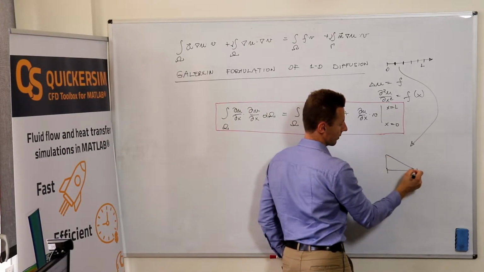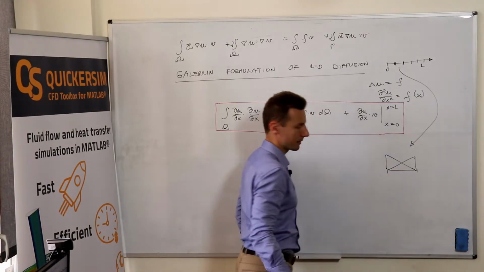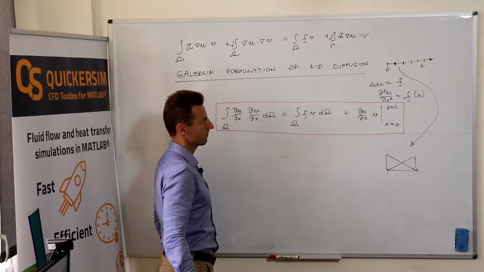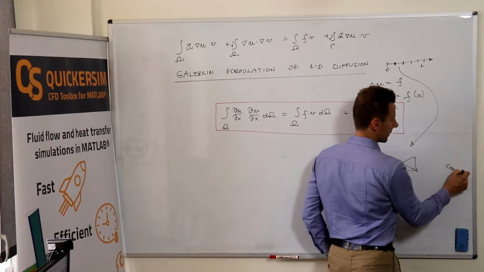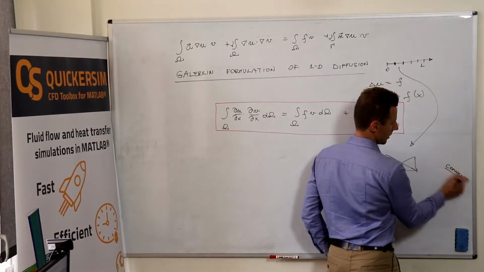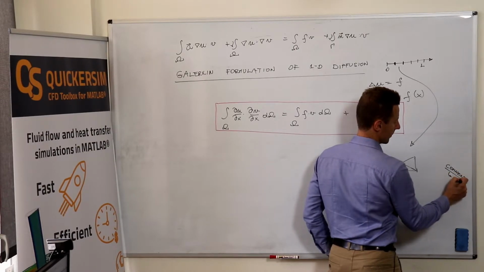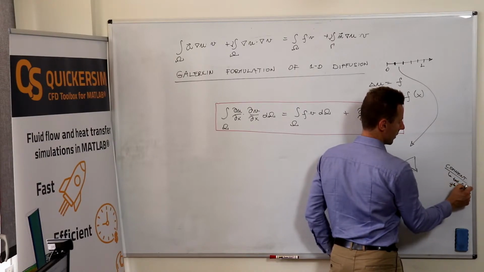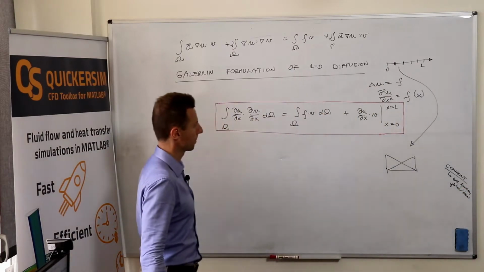One of them would be like that. The other one would be like that. Let me make one comment at the end. I don't want to put it now. Test functions, global, local.